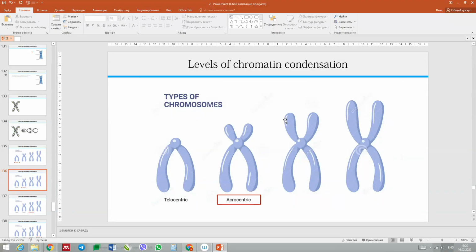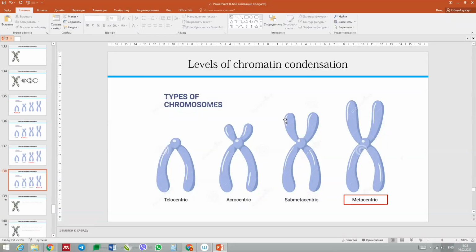Acrocentric is a morphological type of chromosome where the centromere is located close to the terminal end of the chromatid. Submetacentric is a morphological type where the centromere is located very close to the midline of the chromatid. And finally, if the centromeric region is located exactly on the midline of the chromatids, we call such a chromosome morphological type metacentric.